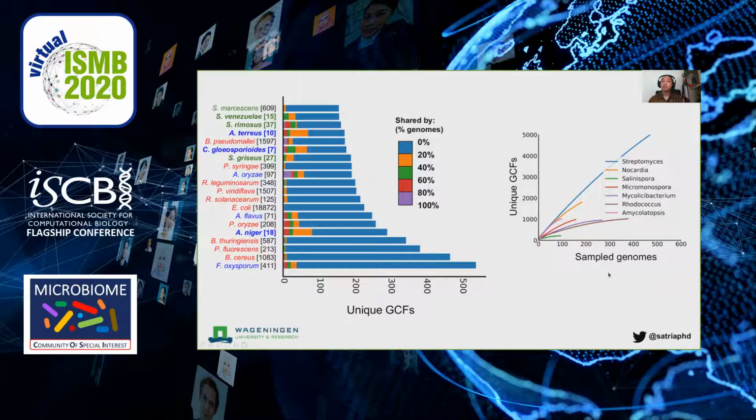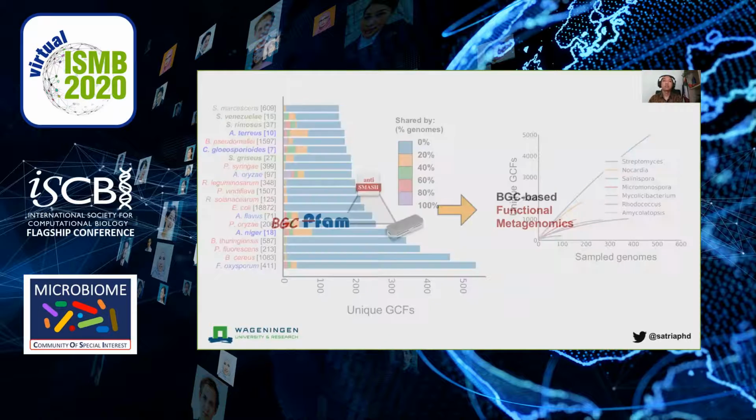Aside from the Streptomyces genus, in bacteria you also see the Nocardia and the Amycolatopsis genera having a potential to produce a lot of unique GCFs.